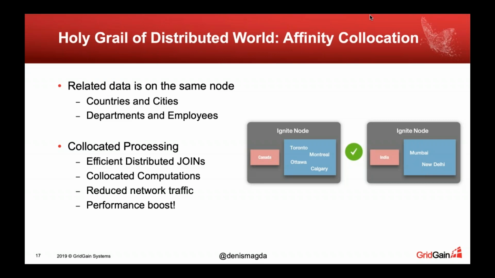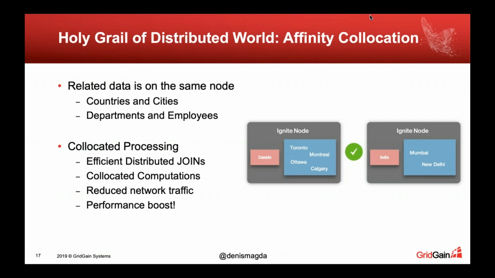Let's say that you have the same tables, countries and cities. And if you want to run efficient joins, let's say joining data of the countries and cities tables, then you had better ensure that all the cities of the same country are located on a specific cluster machine, like it's shown in this picture, where all the Canadian cities are located on the node that stores the record of Canada.